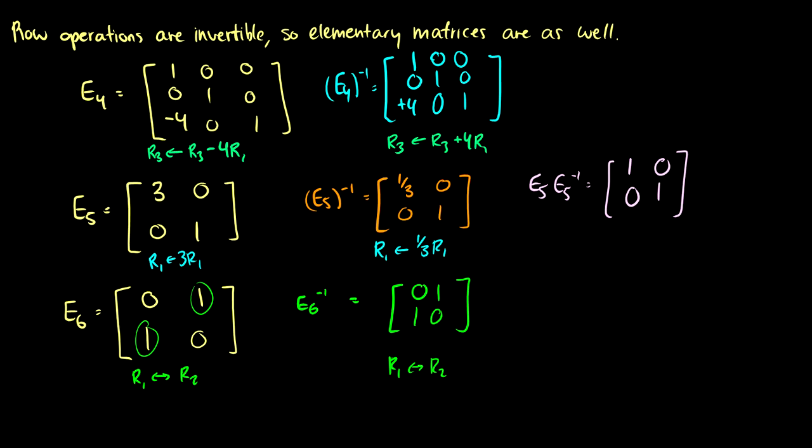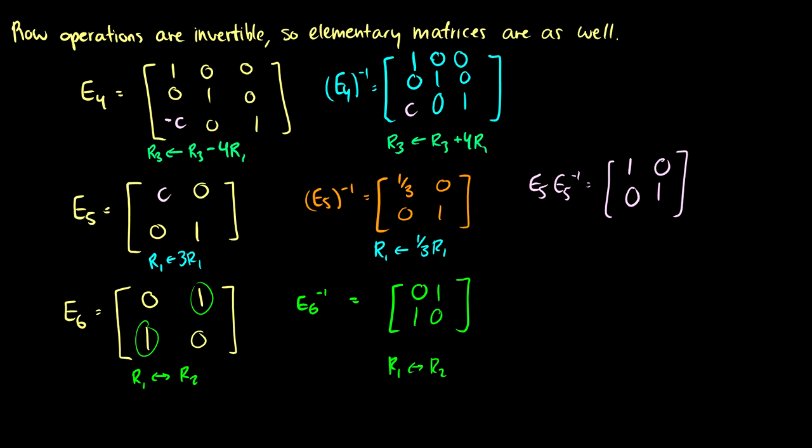These 3 operations are the only 3 operations we can do, and we've shown with specific cases that these work. With more general cases, for instance, I could change this -4 to a -c, and then in the result we get a c there.